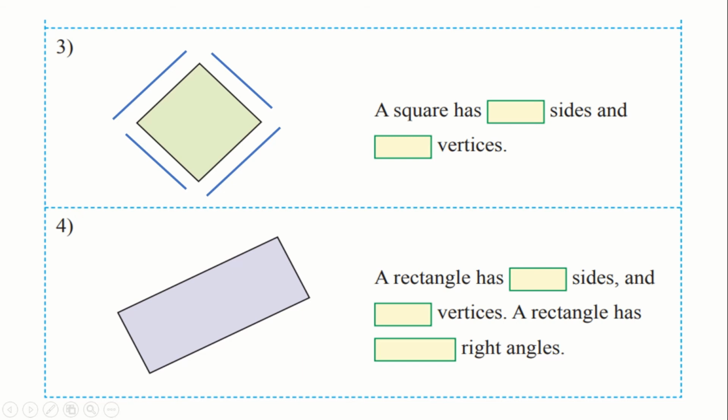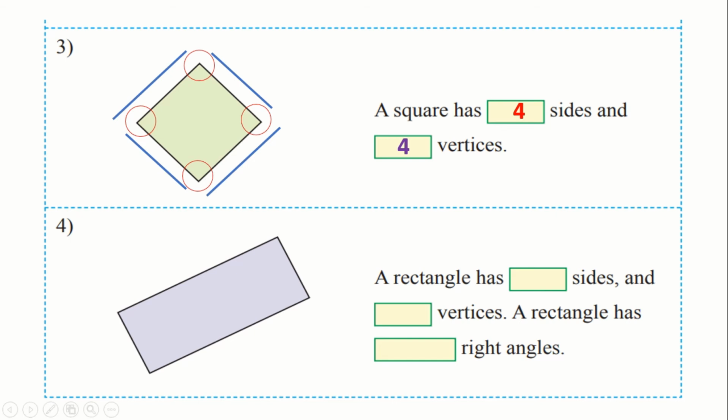There are 4 sides. Vertices, or vertex, are like the corners. These are the vertices of a square. Now you can write the answer: a square has 4 sides and 4 vertices. Correct, students?